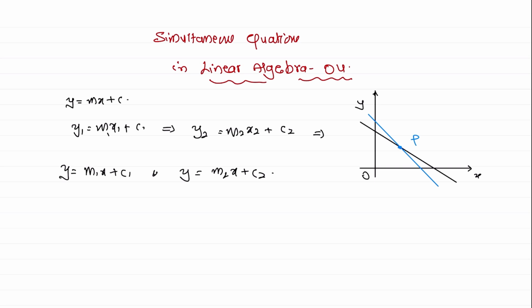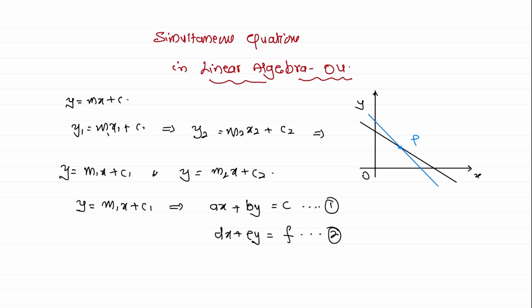Can we write the above straight lines, y is equal to m1x plus c1, as ax plus by is equal to c? This is straight line number 1, and another is dx plus ey is equal to f.